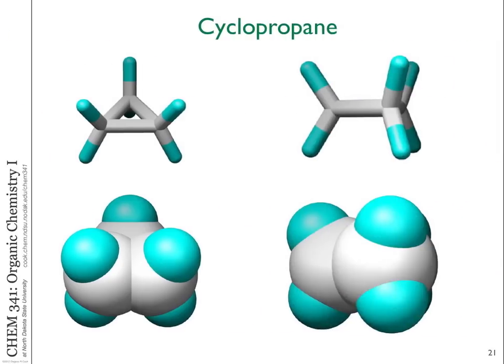Okay, here's a picture view of that. It gives you a little bit better perspective. Notice also in cyclopropane that since all three of these carbons lie on the same plane, because 3 points define a plane, there's no rotation about any of these bonds.